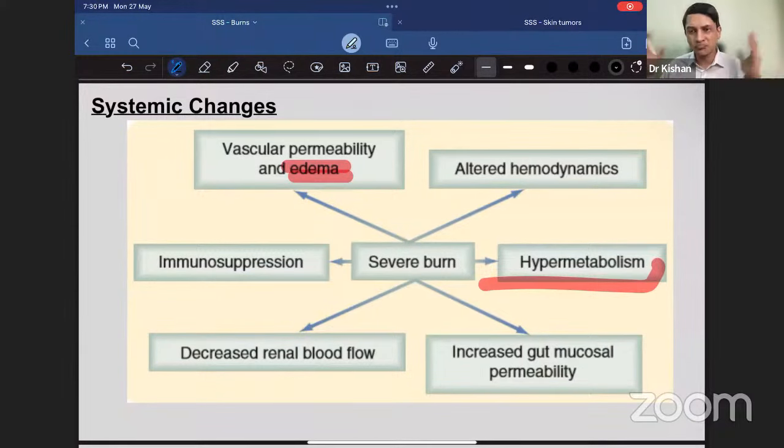All the emergency hormones will be secreted, resulting in a hypermetabolic state. And because of internal injuries, the blood supply is altered, causing ischemia and internal organ damage. If the GI system is involved, that can result in mucosal atrophy. A simple viva question: what is the ulcer we get in the stomach because of burn injury?